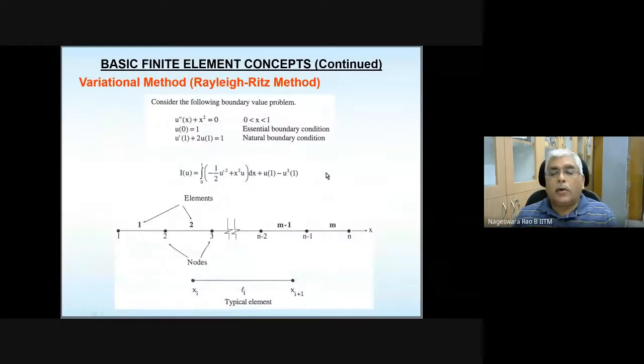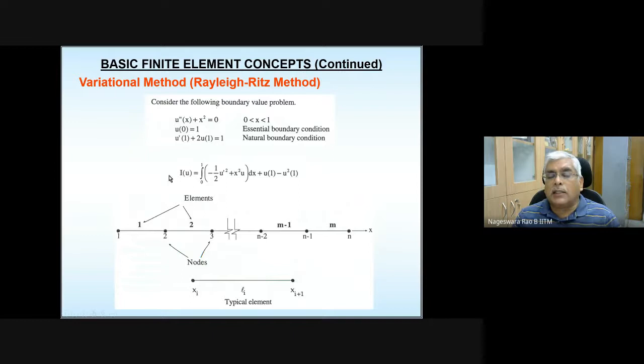Once again, this is the problem that we looked at in yesterday's class. Using the finite element method, we solved this problem with the variational approach, and this is the equivalent functional that is obtained. To further simplify this equivalent functional, we adopted a finite element method.